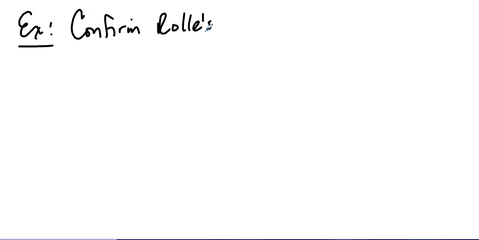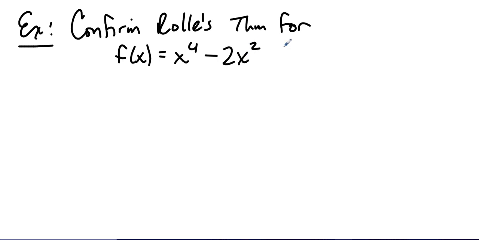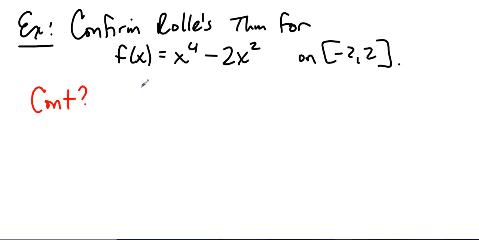What I'd like to do is confirm Rolle's theorem for f of x equals x to the fourth minus 2x squared on the interval from -2 to 2. What do we have to do to confirm the theorem? Is the function continuous on the closed interval?